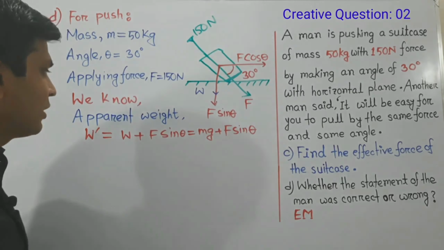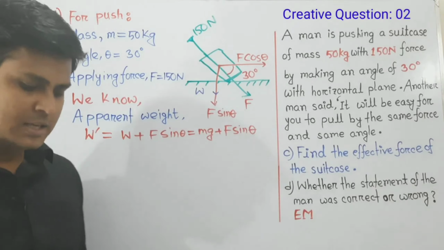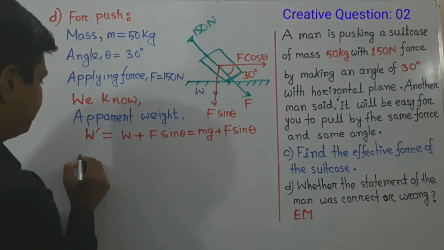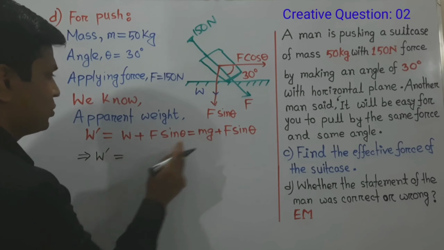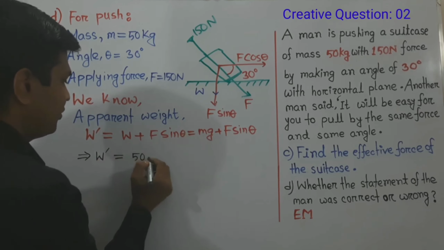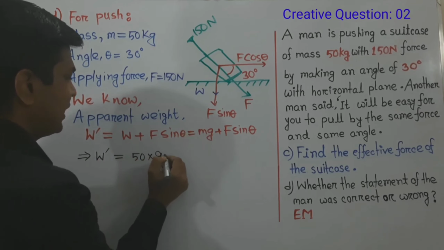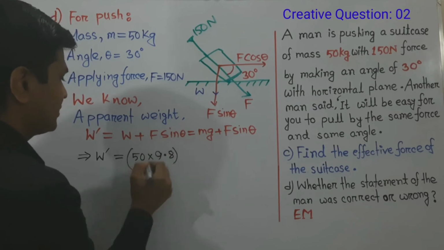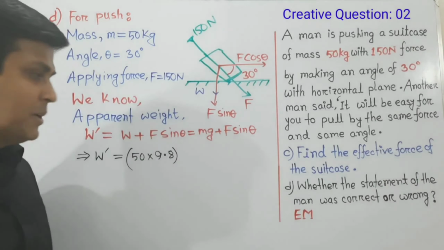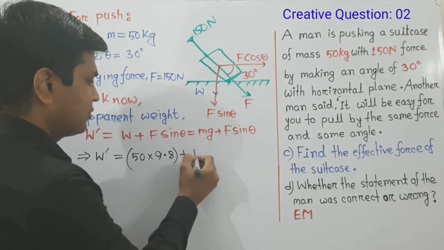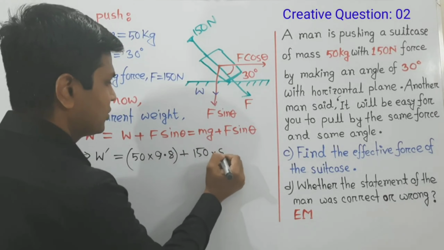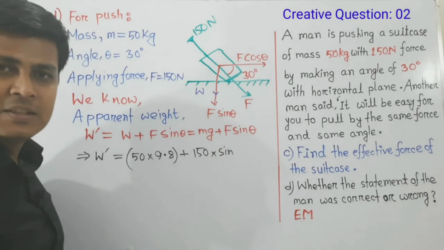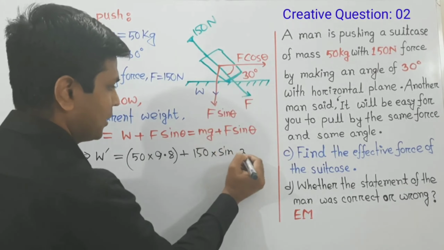Now if we put all the values of mg, F and theta, then we can write W prime equals to m is given 50, g is 9.8, this is acceleration due to gravity, plus applying force is given 150 Newton into sine angle is given here 30 degree.